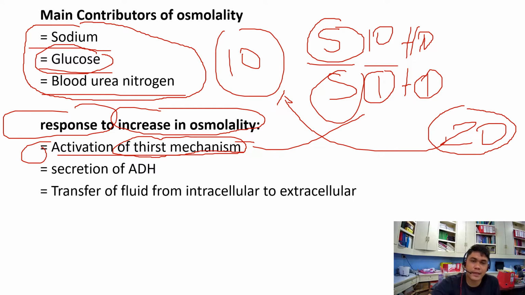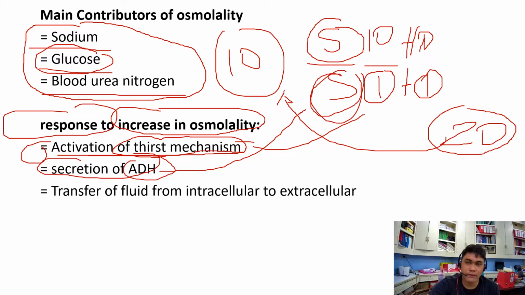Okay. Next is secretion of ADH. So ADH is antidiuretic hormone. It is produced by the hypothalamus and stored and released in the posterior pituitary gland. Okay. So the purpose of ADH is to reabsorb or to retain water, so that the volume of solvent will increase.